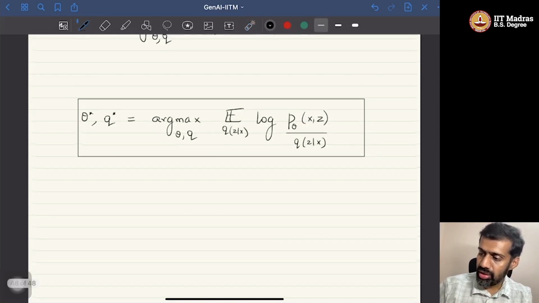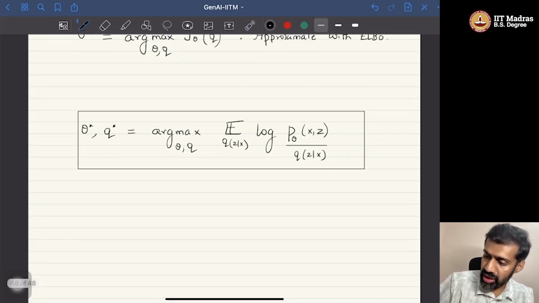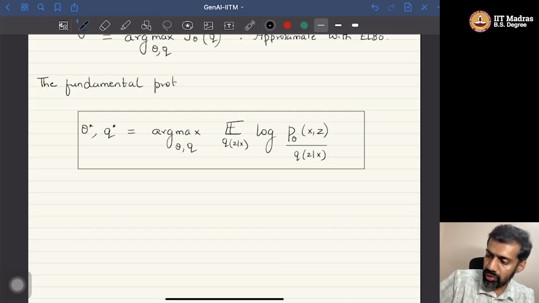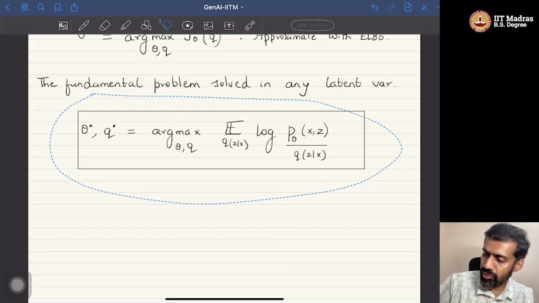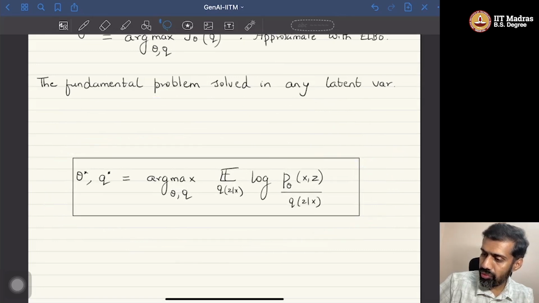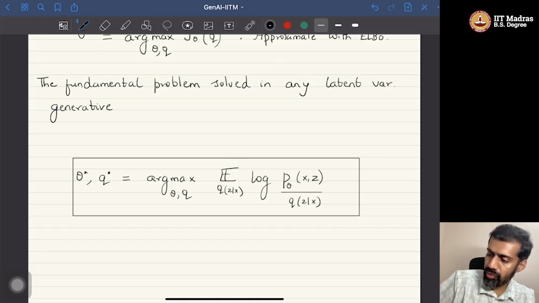So this is called, let me write that down, the fundamental problem solved in any latent variable generative model is given below.